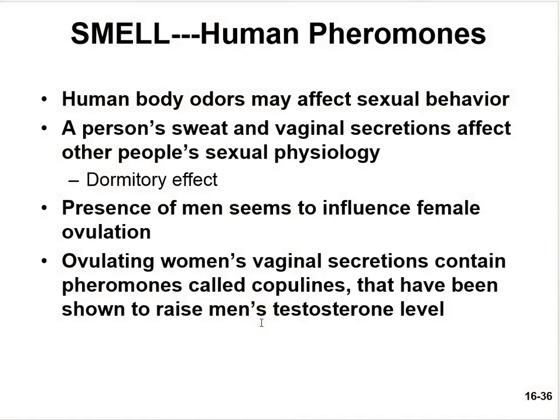For human pheromones, we've often wondered how much do we actually respond to the smells that come off of our body. Well, it's been shown that human body odors can affect sexual behavior.